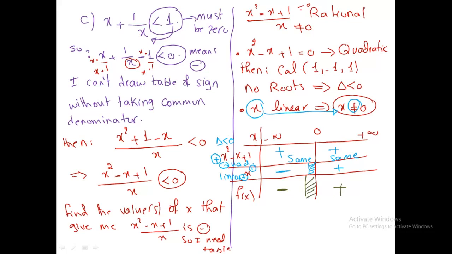I want the negative sign. This is the negative. So x belongs to the negative sign from minus infinity to 0. Okay, I hope that you understand well. Thank you.